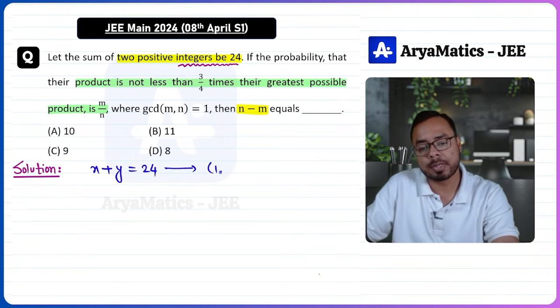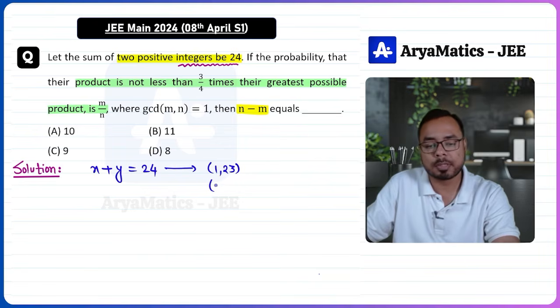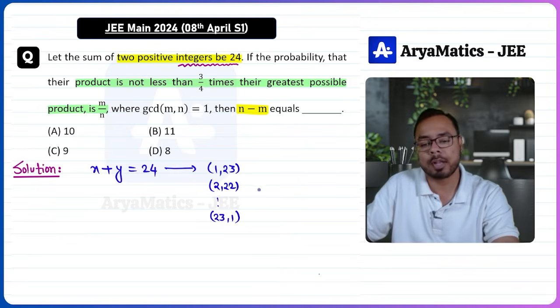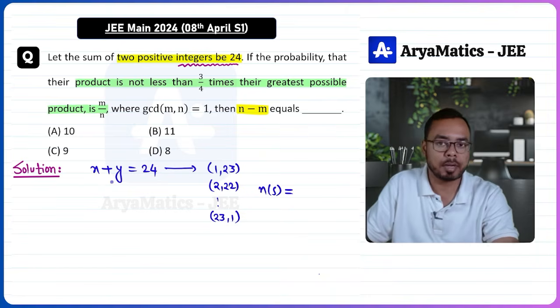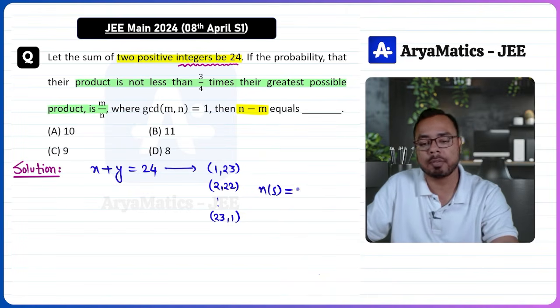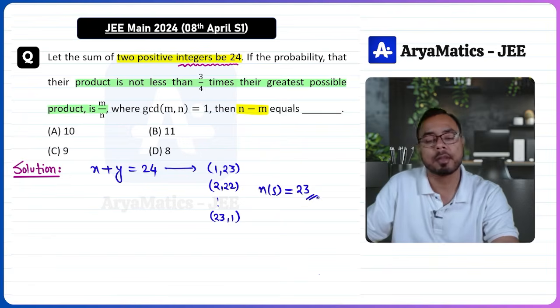One possibility is that the first number is 1, the second number is 23. Another possibility is the first number is 2, the second number is 22. And in this manner, the last possibility will be that the first number is 23 and the second one is 1. So clearly you can see that the number of elements in the sample space, or the number of ways of finding two positive integers whose sum is 24, will be 23, right?